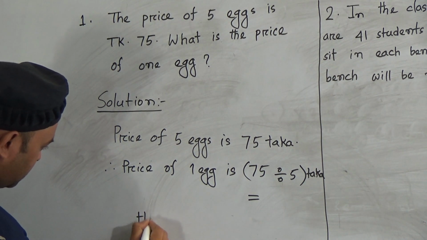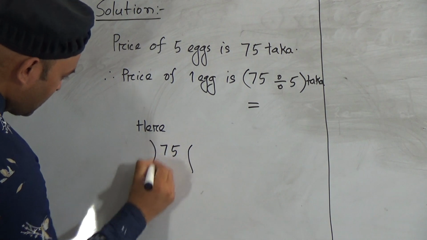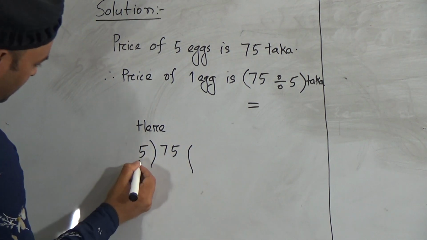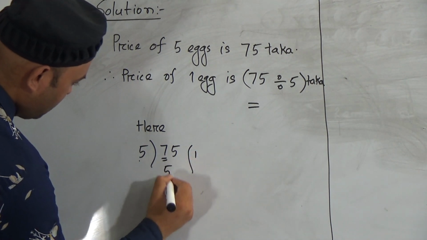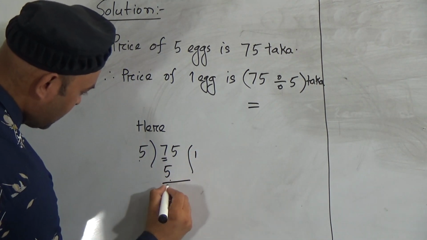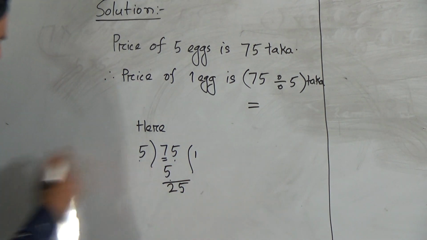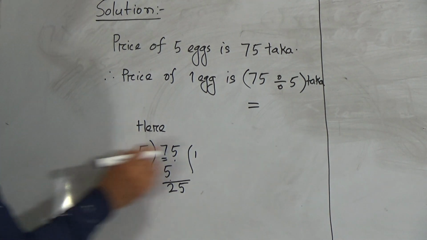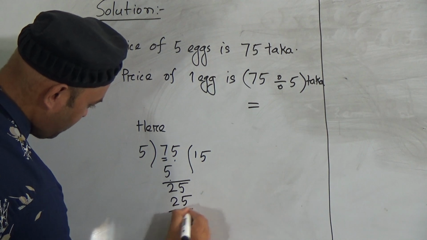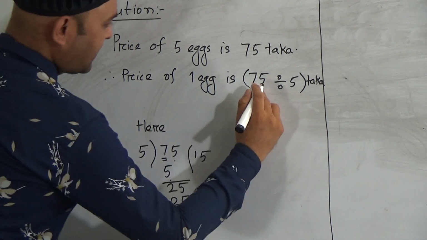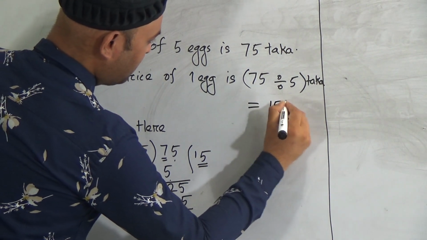Here 75 divide 5. The first digit 7, we know that 5 ones are 5. Now subtract 5 from 7, it will be 2, and bring down 5 here, 2 and 5, it makes 25. And you know that, my dear students, 5 5s are 25. So 75 divided by 5 will be 15 taka.